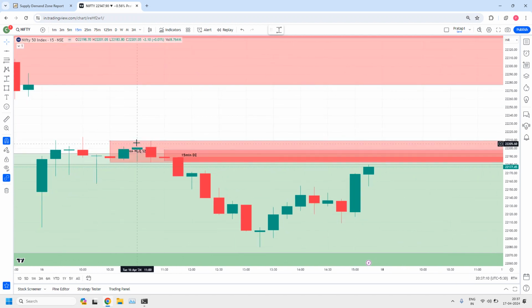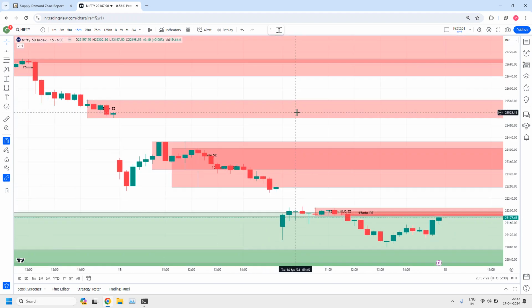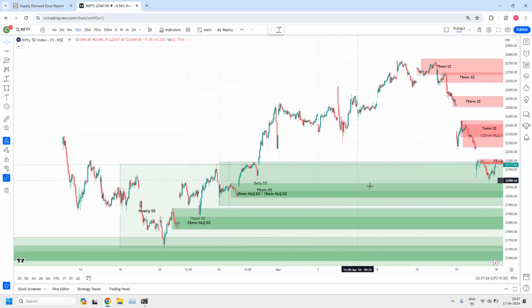So here we don't have any 15-minute structure. Here drop, base, drop. So that's why the one that is there above the 5-minute zone, maybe we can't trust that much. Okay, this is just fine-tuned.